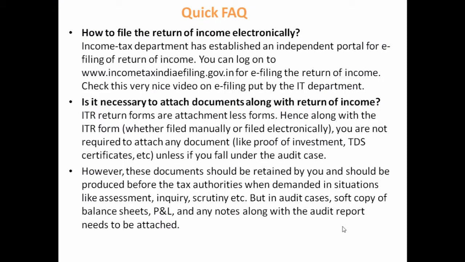However, these documents should be retained by you and produced before the tax authorities when demanded in situations like assessment, inquiries, scrutiny, etc. But in the audit case, a soft copy of the balance sheet or profit and loss and any note along with the audit reports need to be attached.